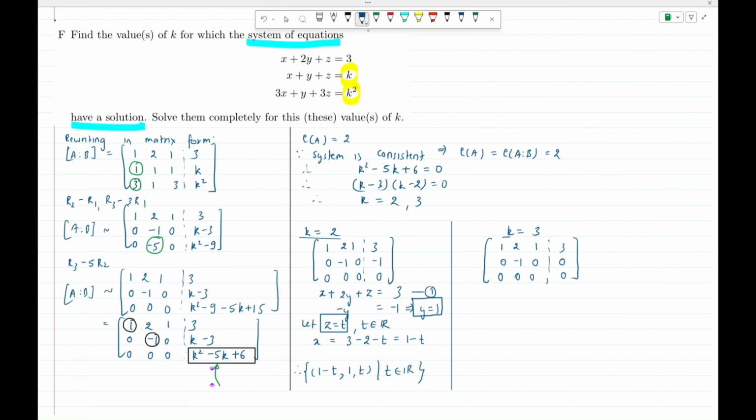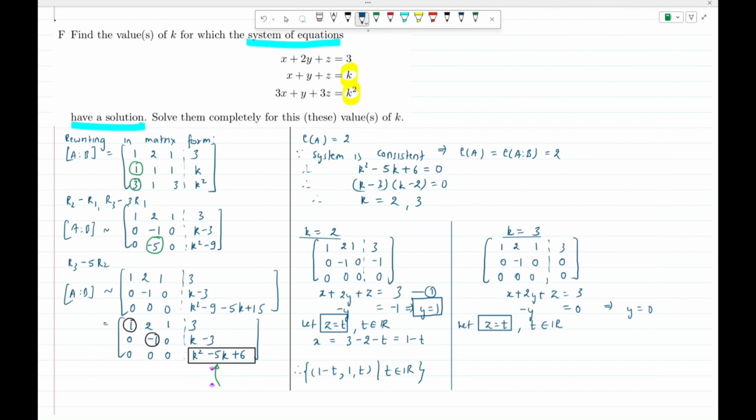Now moving on to k equals 3. Again reconstructing the system of equations, we will be getting x plus 2y plus z is equal to 3. From the second equation, we get minus y is equal to 0, which gives us y as 0. Again over here, we will be needing one free variable. So let me take z equal to t, where t is a real number.